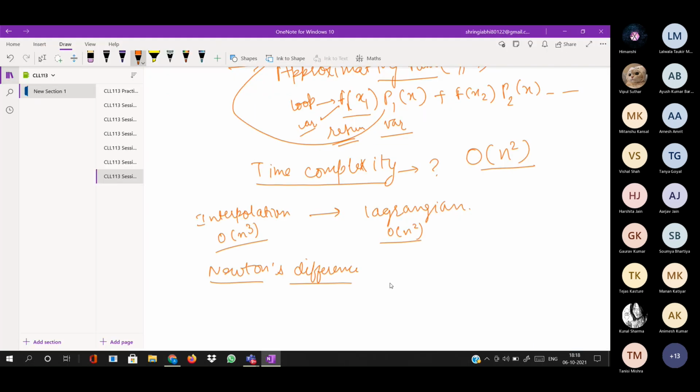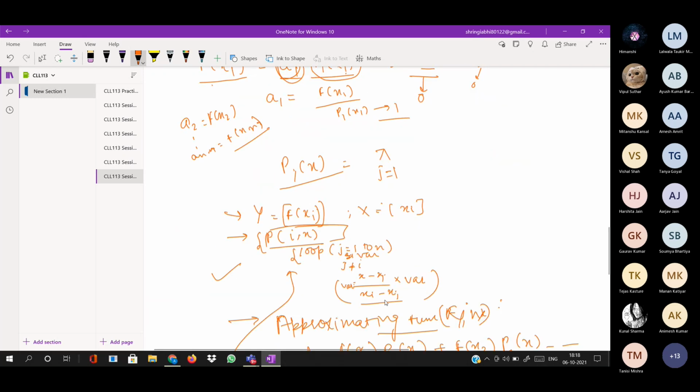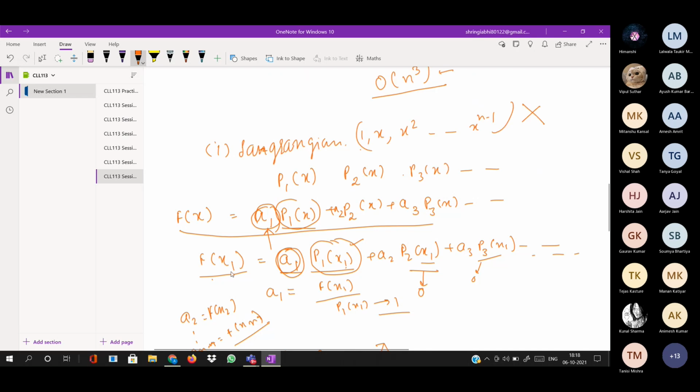So what we are doing is, the degree will remain the same. The polynomial will change. As I explained here, you can express f(x) as this.